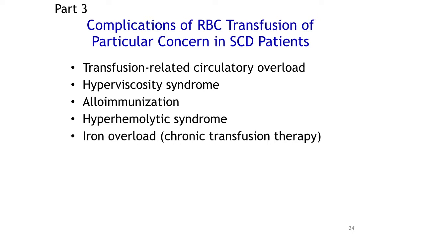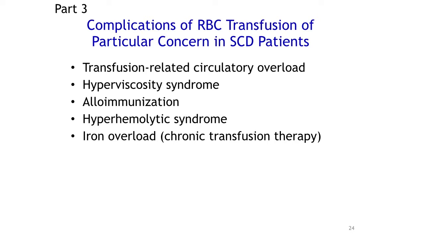We may have alloimmunization. Just like my friend has mentioned, we don't look out for these antibodies, so we may have cases of alloimmunization, and therefore different forms of reaction. Hyperhemolytic syndrome, which Professor has mentioned, and iron overload.